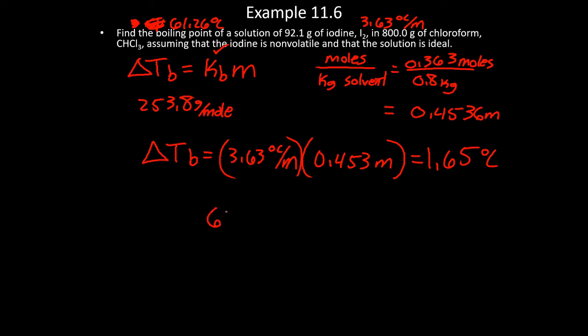And so our new boiling point will be 61.26 plus 1.65. And so that is 62.9 degrees C. Is our new boiling point.